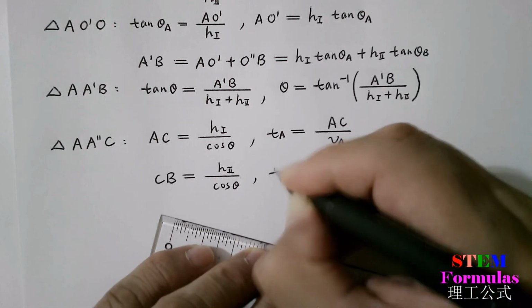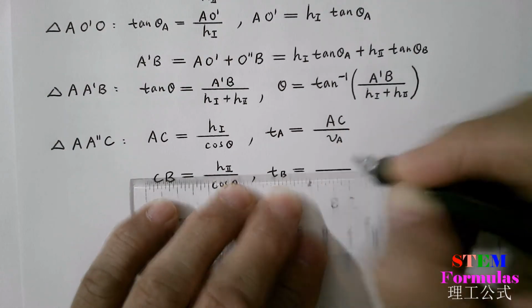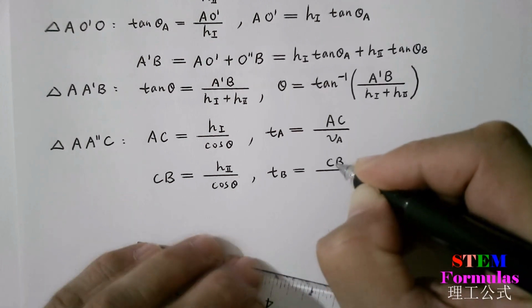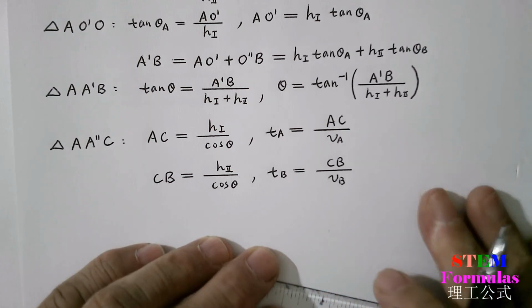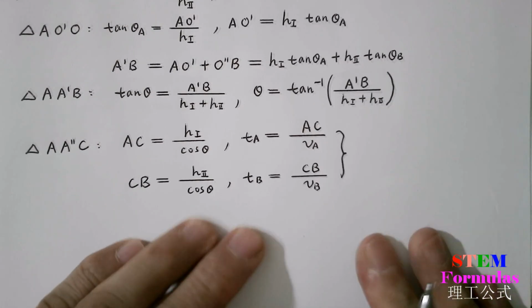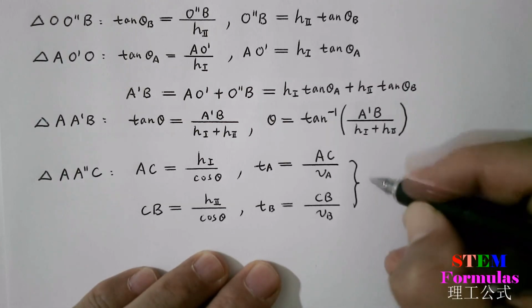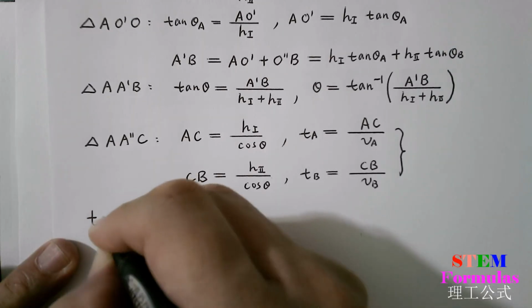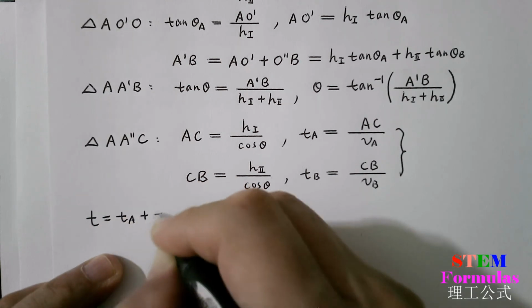Then TB equal CB divided by VB. Therefore, the total time equal TA plus TB.